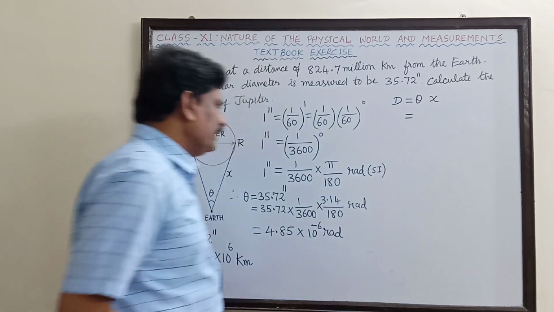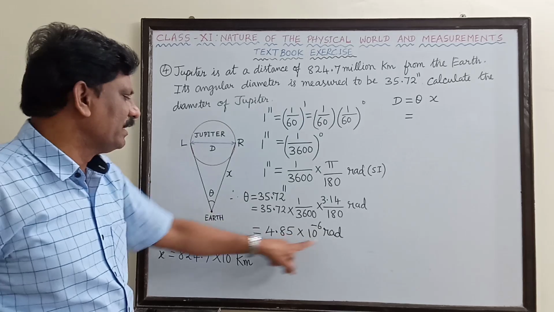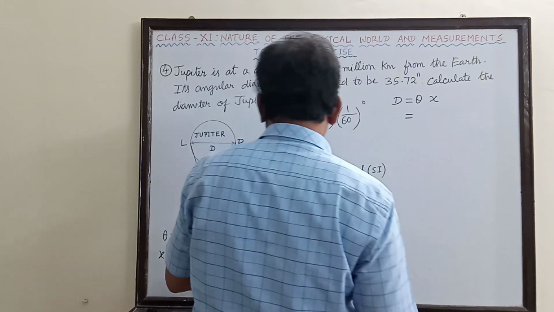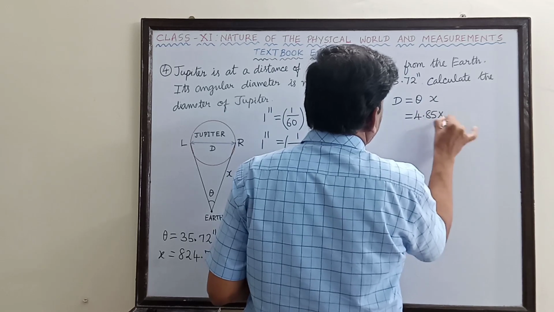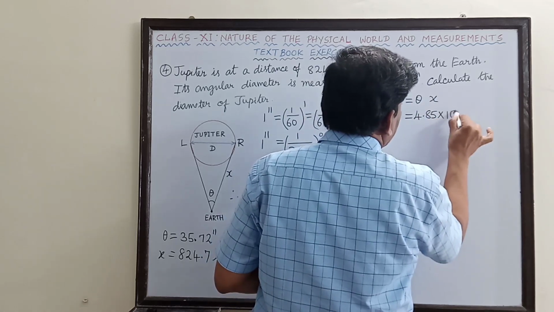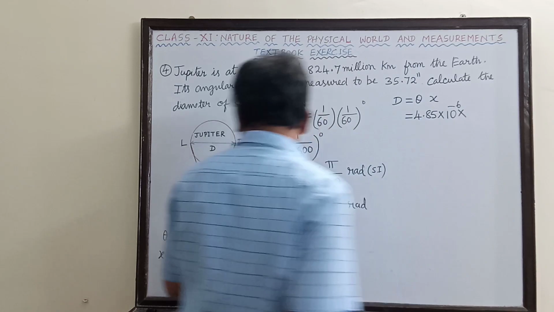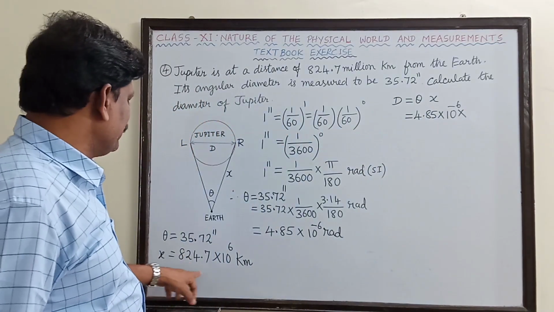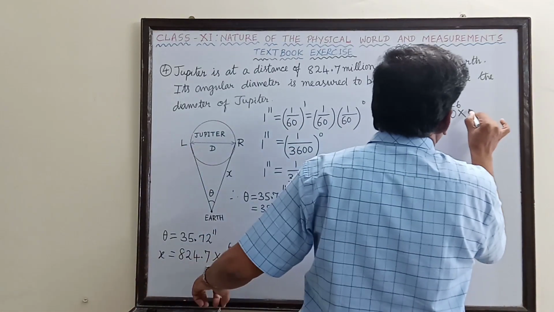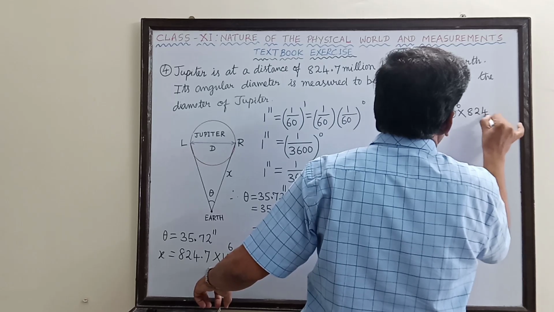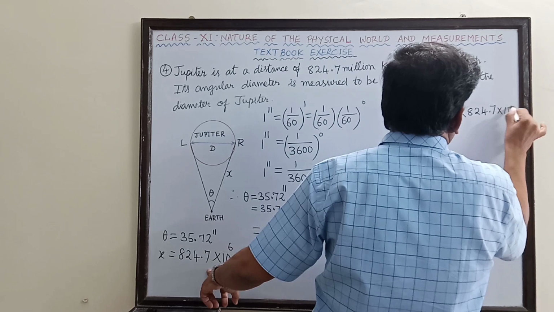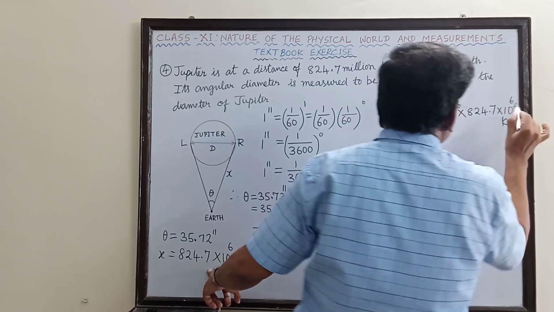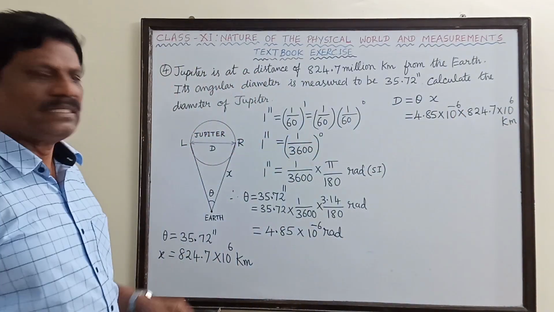So in place of theta, now the SI unit we can substitute 4.85 into 10 power minus 6, into the value of x, 824.7 into 10 power 6 in kilometer. Now calculation has become easy.